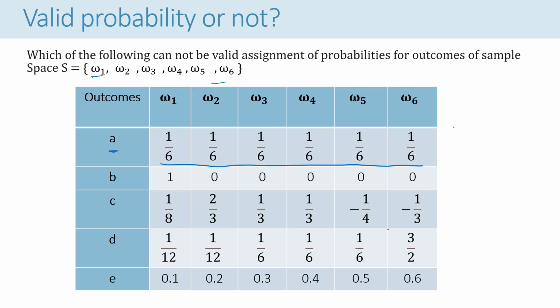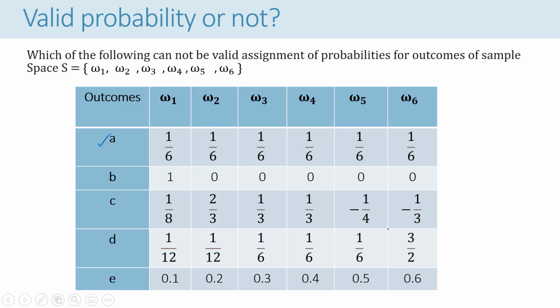So, all the probabilities are between 0 and 1. So, the first rule is valid. Now, let's add the probabilities of each outcome. It is equal to 1. So, the probabilities of all outcomes, when we add them, equal 1. So, rule 2 is also satisfied, which means the probabilities of these outcomes are valid.